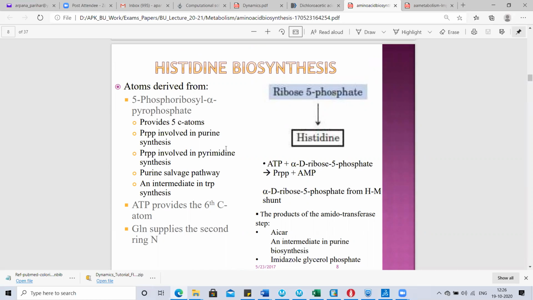This 5-phosphoribosyl pyrophosphate is also involved in pyrimidine biosynthesis, and in the purine salvage pathway, and it also acts as an intermediate in tryptophan biosynthesis.